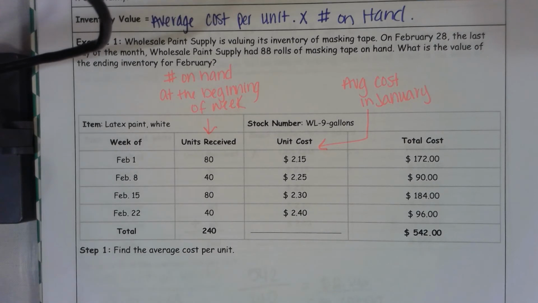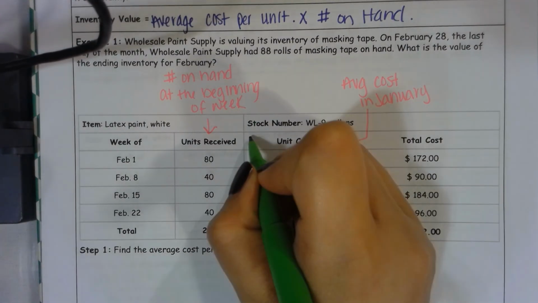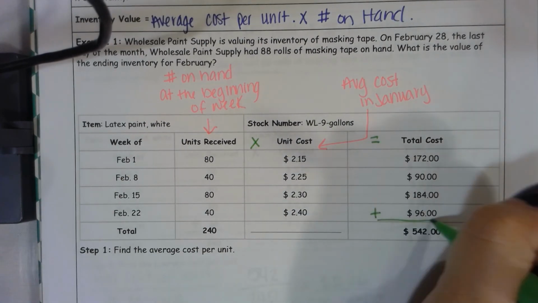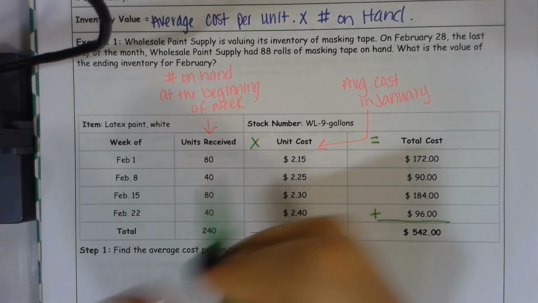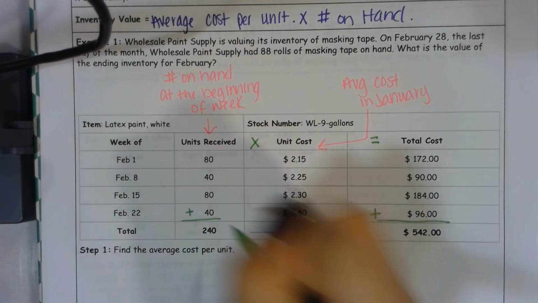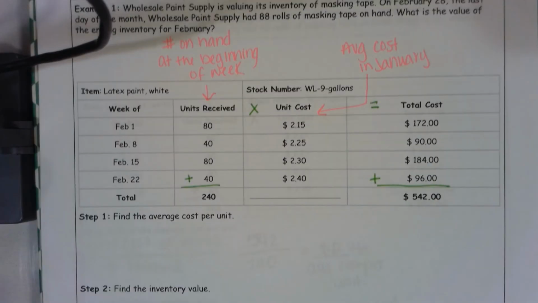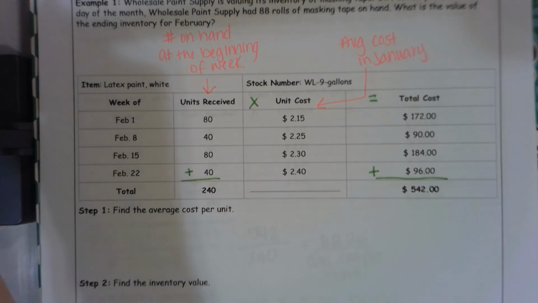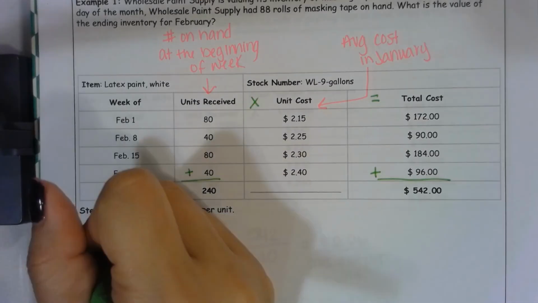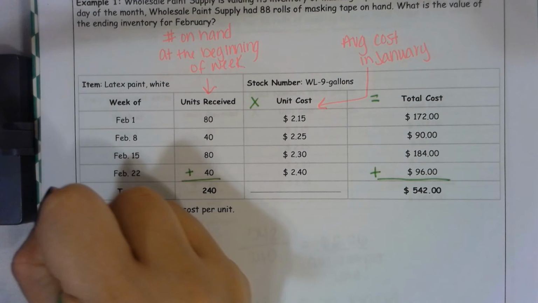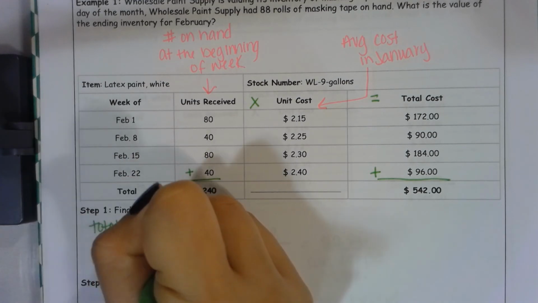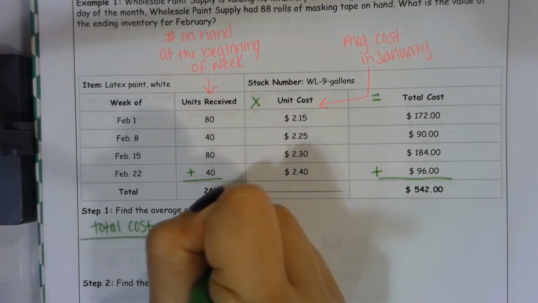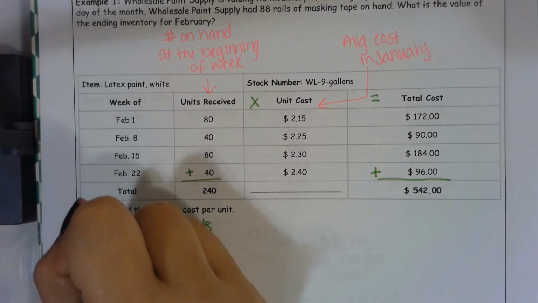And then to find this, okay, they took units received times unit cost equals total cost. Then they took all of the total costs and added them together to get this last 542. And then they took all of their units received and added them together to get 240. So then to find the average cost per unit, you're going to take the total cost of units and divide that by the number received.